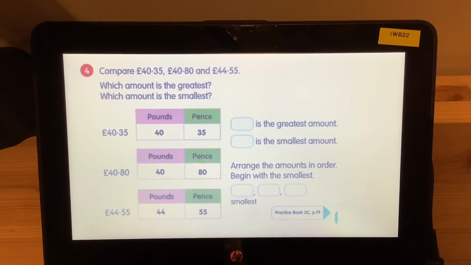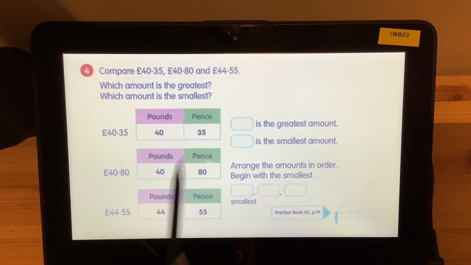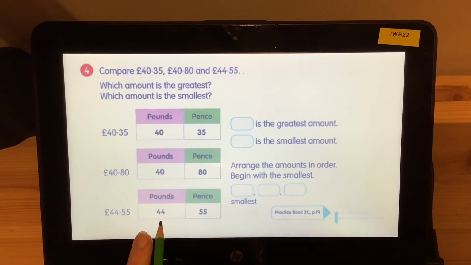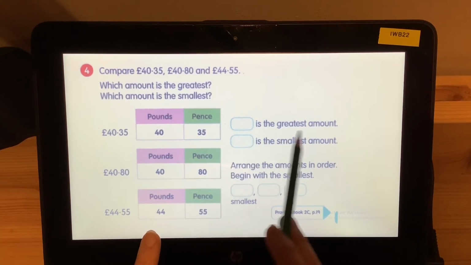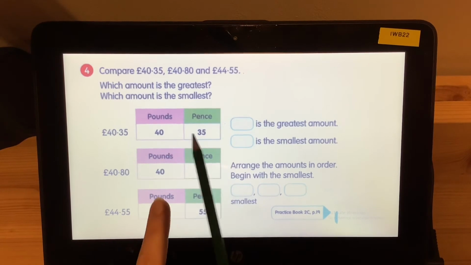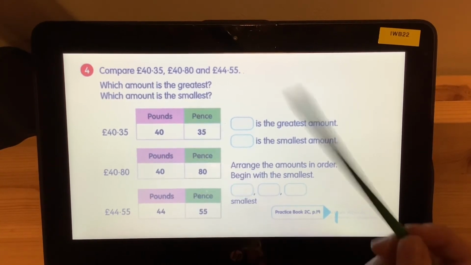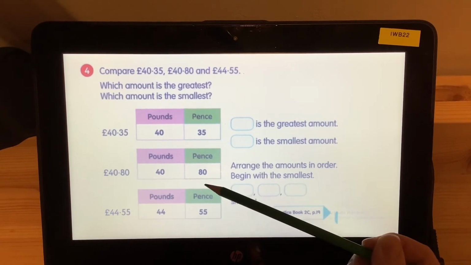So the first thing we do is we look at the pounds. We've got £40, £40 and £44. That tells us straight away that £44.55 is the greatest amount. Then in order to look at which one is the smallest, they both have an equal number of pounds, so we look at the next column. We've got 35 pence and 80 pence.